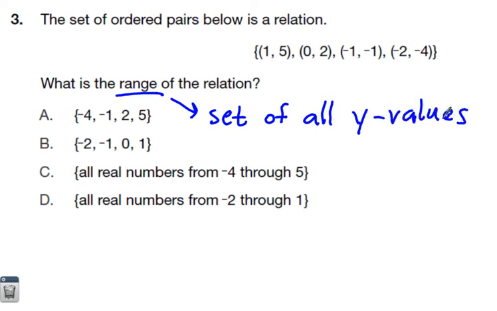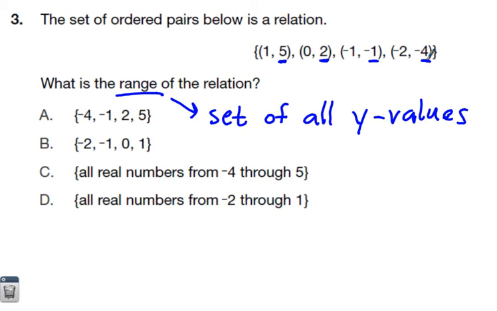Okay? Now this is super straightforward because when they give you a relation in this form, all these ordered pairs again go x, y, x, y, x, y, x, y. And so if you just put all those y values in their own set with only the y's, that would be, it looks like A.